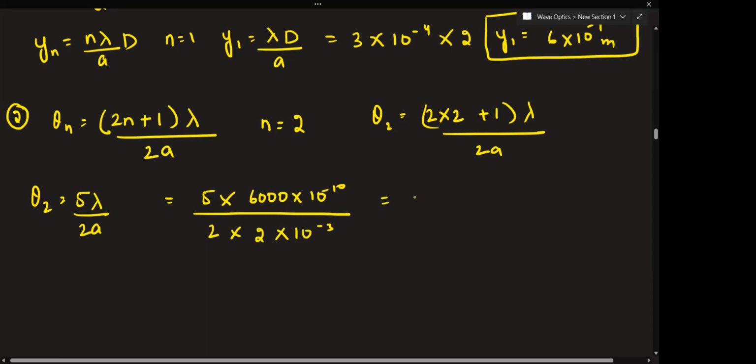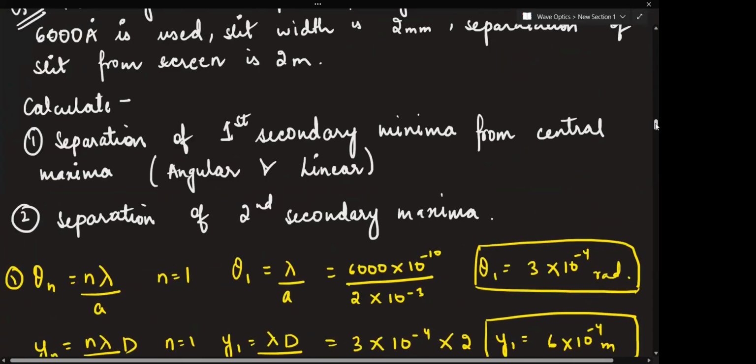So it will be 7.5 into 10 to the power minus 3. Similarly, you can multiply it by D, so it will be double of this, and you will get the linear separation. Second part is clear? Yes, ma'am. All right, just note it down.